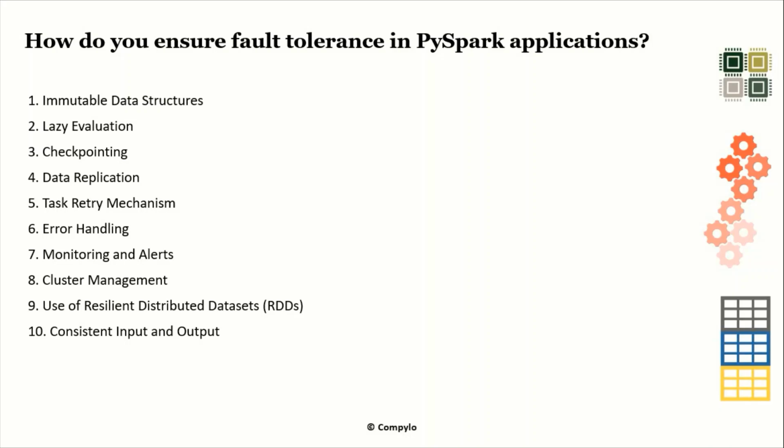This is especially useful for long lineage chains where recomputing all transformations would be expensive. We can use the DataFrame.checkpoint method for this. Another point is we should store input data in a reliable replicated storage system like HDFS or S3. It ensures that if a worker node fails, the data can be retrieved from another location.